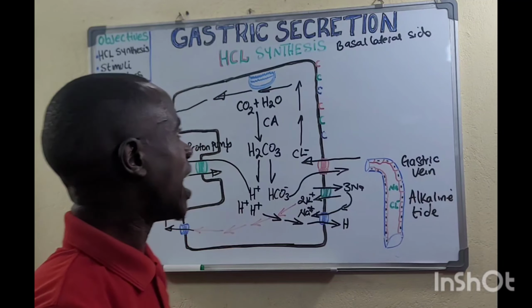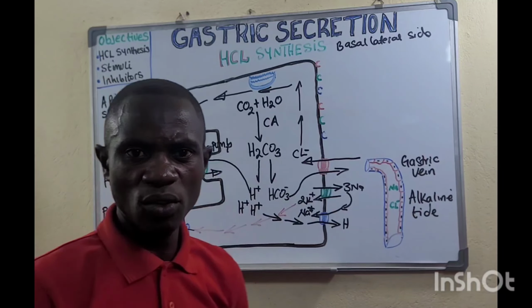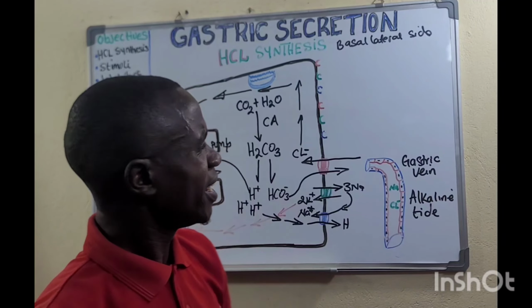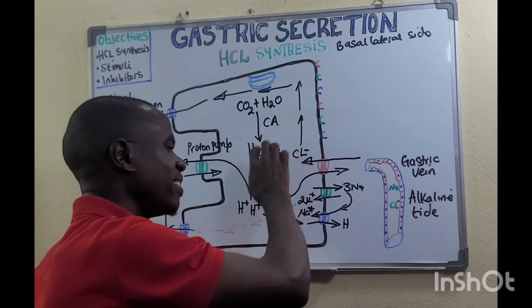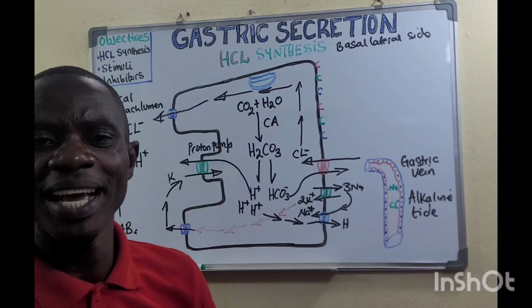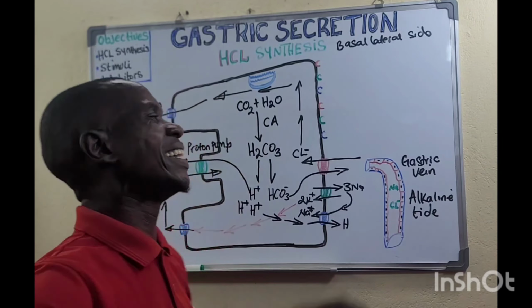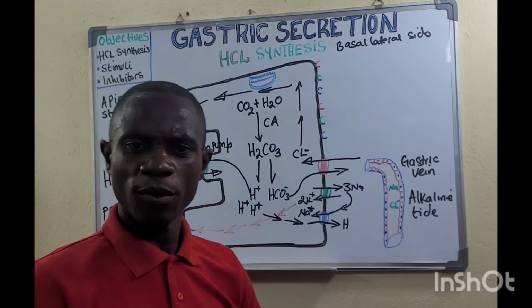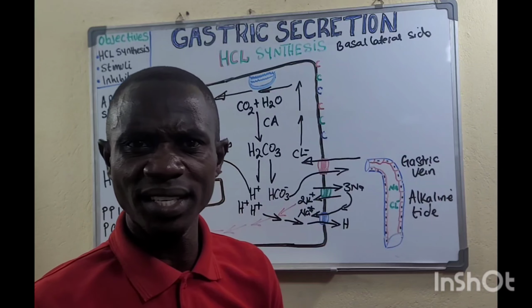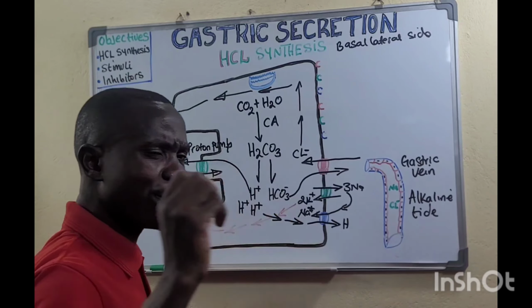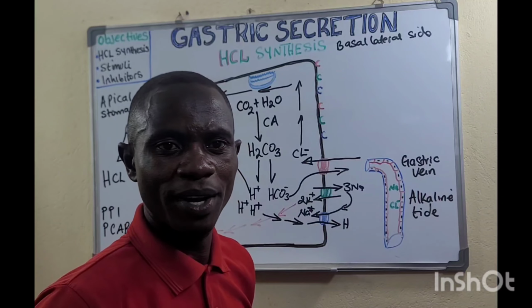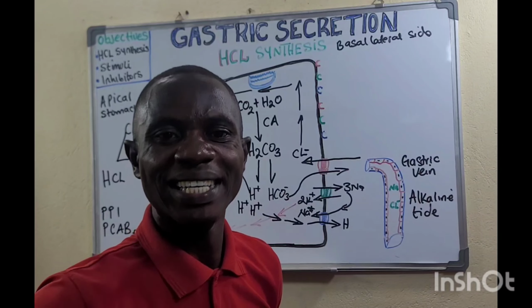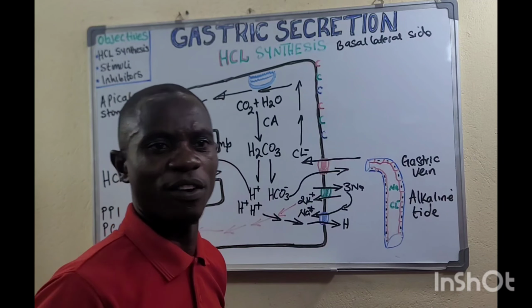Now, having seen the synthesis of hydrochloric acid, let's go ahead and see some of those molecules that can stimulate this parietal cell to produce hydrochloric acid, and some of those molecules that can inhibit this parietal cell from producing hydrochloric acid, because it's necessary. The first molecule that can stimulate the parietal cell to produce hydrochloric acid is acetylcholine from the vagus nerve.